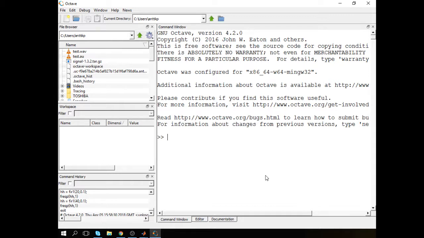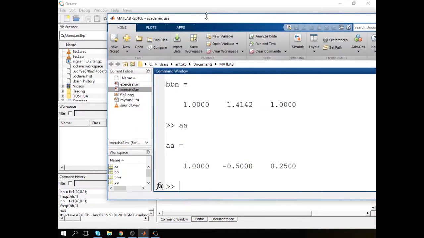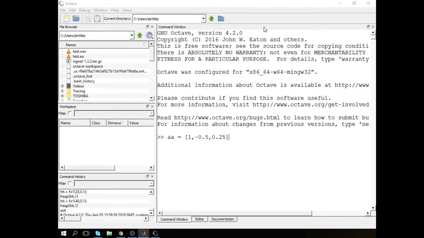So let's see, I will just make that AA equals 1, minus 0.5, 0.25. Was that the case? Yes. And then BB is 1, square root of 2, and 1. Oops, my parenthesis is missing.